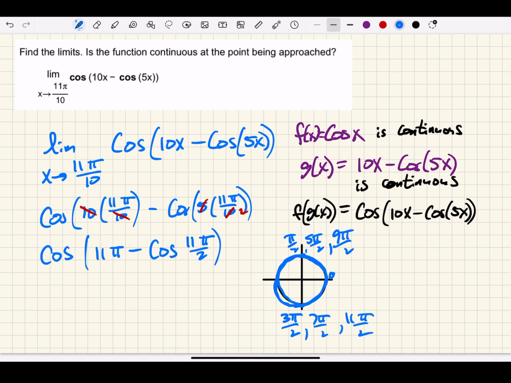So what we have then is the cosine of 11 pi minus 0, which would then just be the cosine of 11 pi.